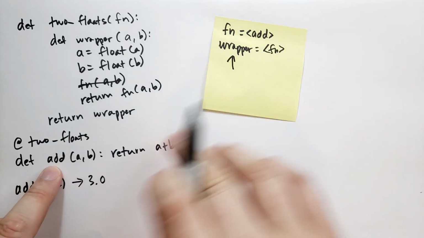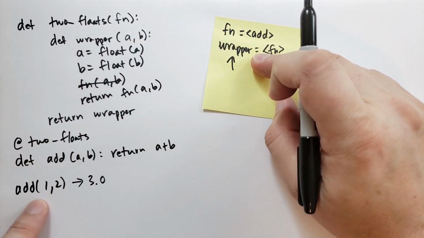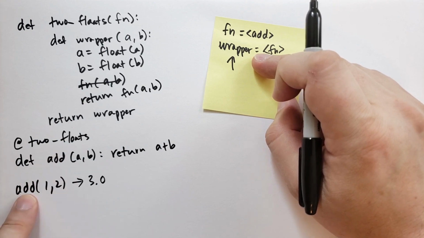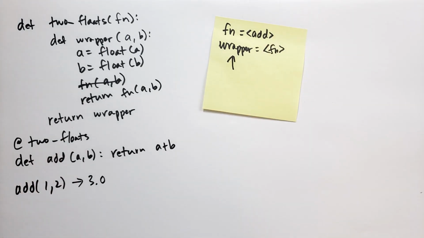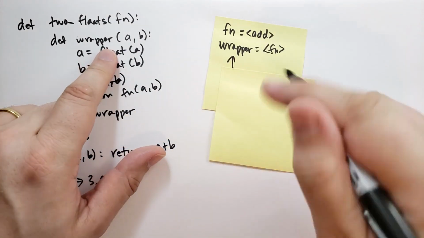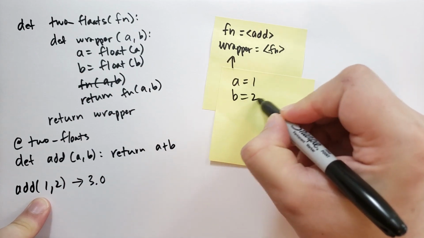So we are going to keep this around because the wrapper itself wants to remember this thing. So when the wrapper is called, here we're actually calling the wrapper, not the add function, but the wrapper. Okay, and so when we call the wrapper, we create a new namespace. Okay, and we have a is equal to 1, b is equal to 2.